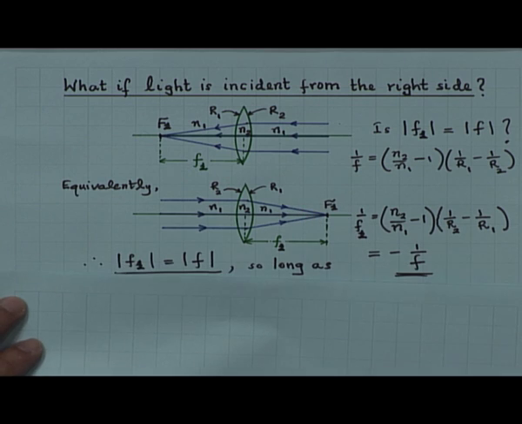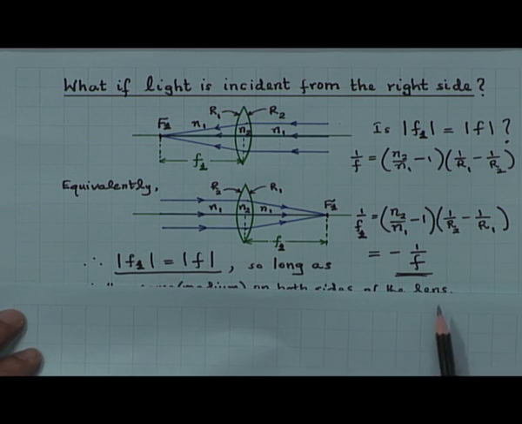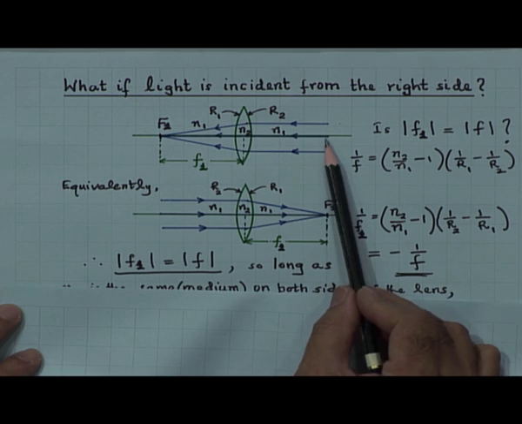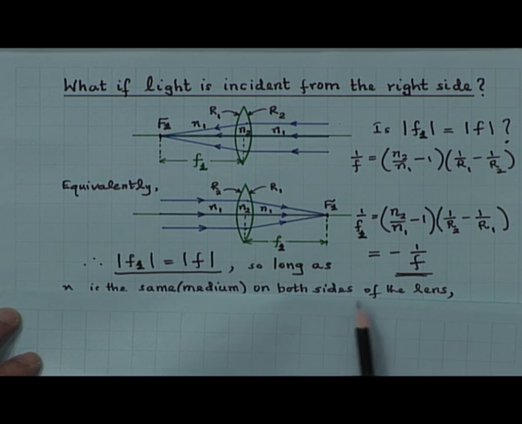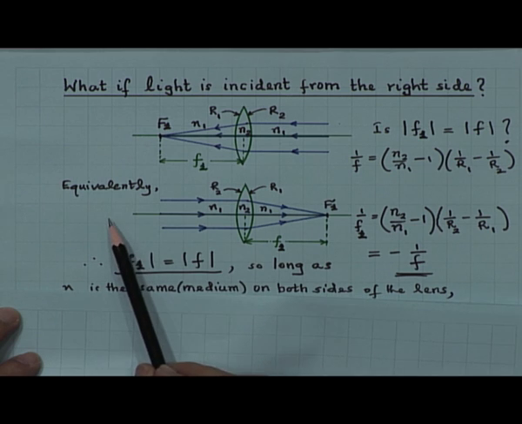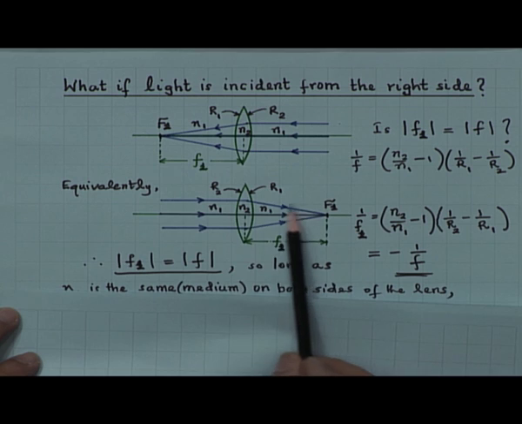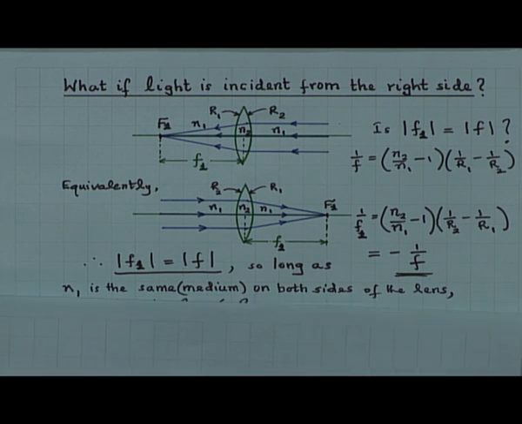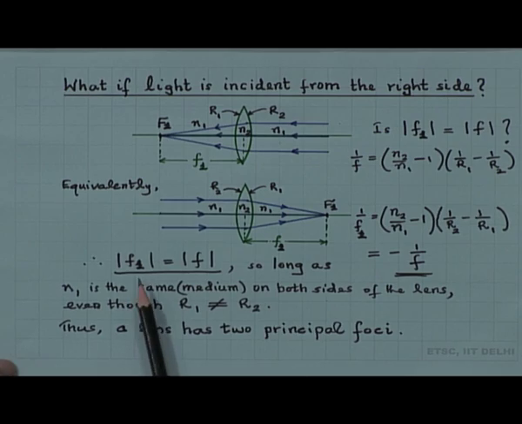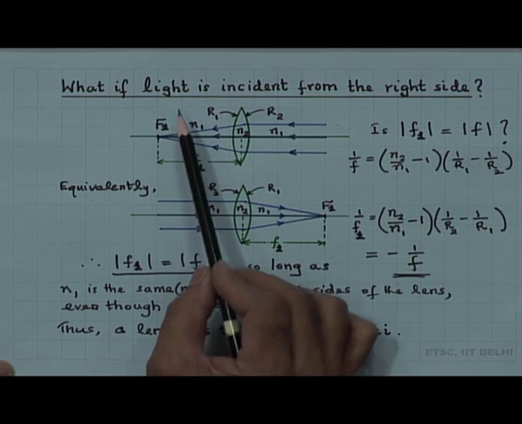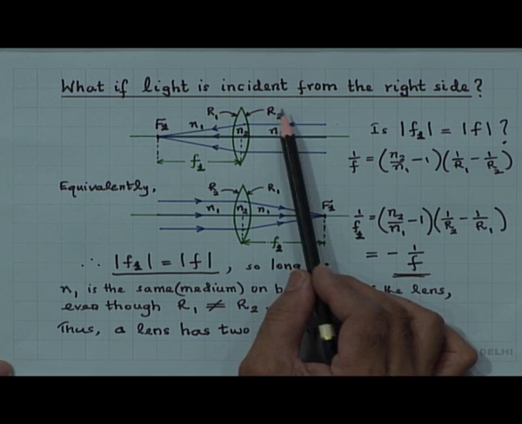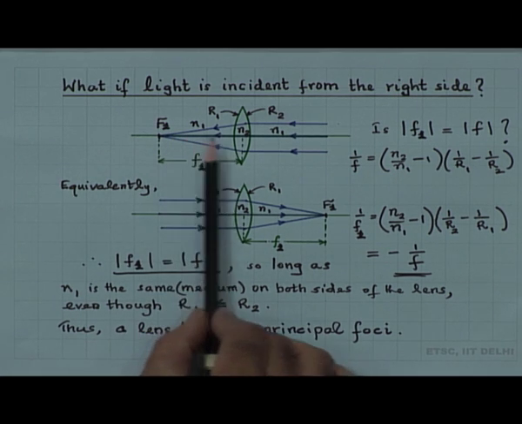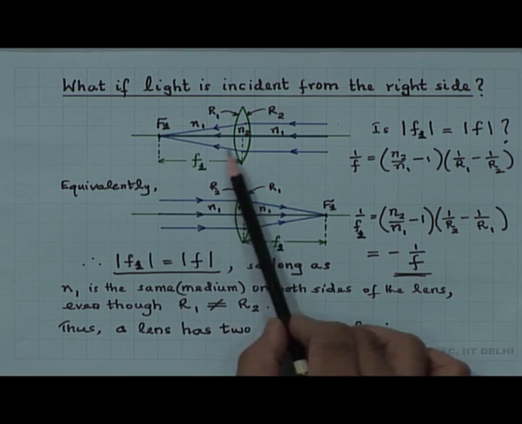This is nothing but minus 1 by f, and therefore, mod f1, whether in this case or in this case, the distance is the same. The focal length is the same whether light is incident from this side or from this side, although r1 and r2 are different. So long as n1 on this side and n1 on this side are the same, it is worthwhile to check what happens if it is n1, n2 and n3.